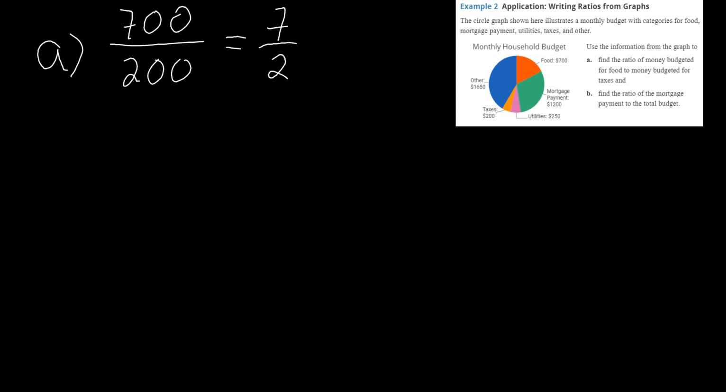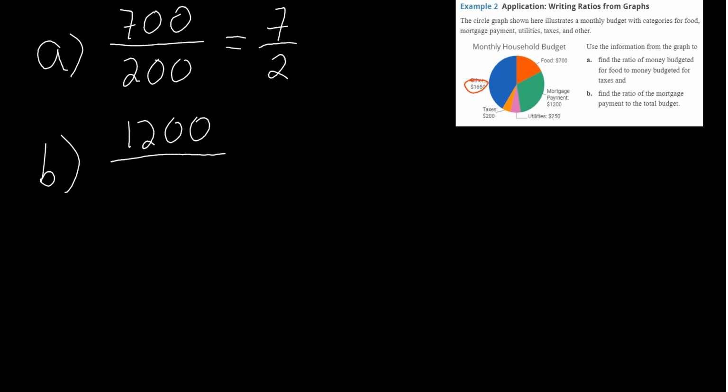Now B requires a little bit more computation, and it's not much more, but it reads, find the ratio of the mortgage payment to the total budget. Okay, so the mortgage payment is $1,200. So we can put $1,200 over, okay, and it says the mortgage payment to the total budget. Well, the total budget is going to be every single one of these added together, including the mortgage payment.